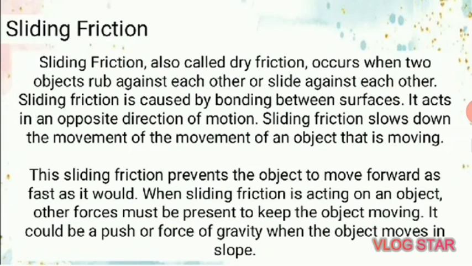Sliding friction slows down the movement of an object that is moving. This sliding friction prevents the object from moving forward as fast as it could. When sliding friction is acting on an object, other forces must be present to keep the object moving. It could be a push or the force of gravity when the object moves on a slope.